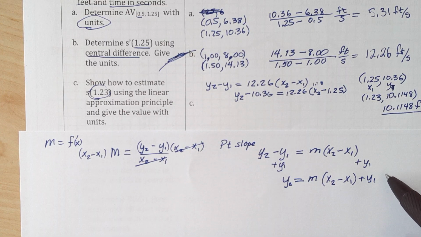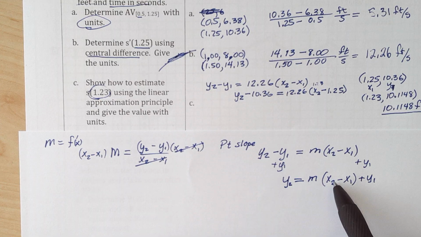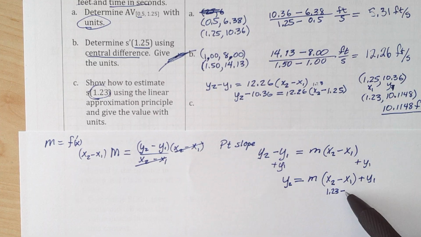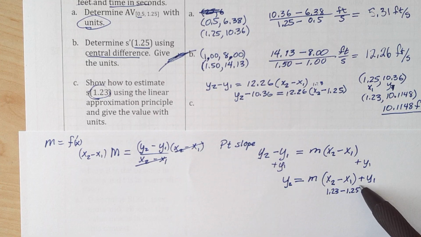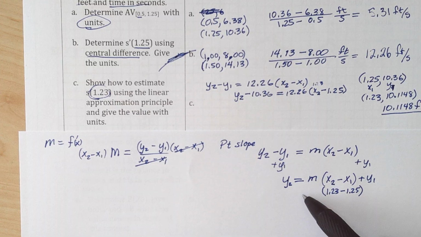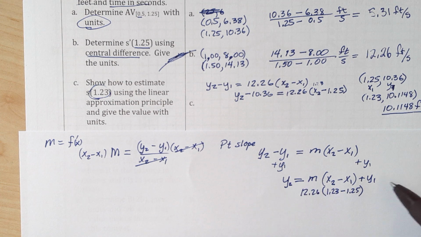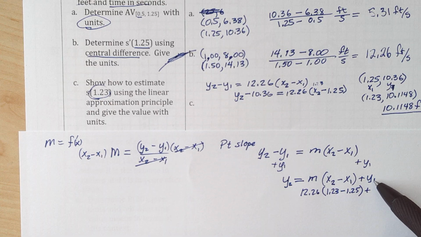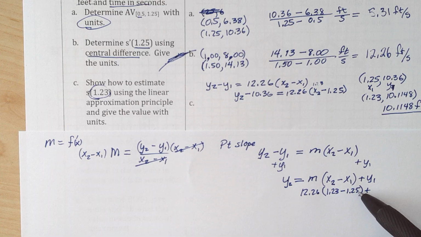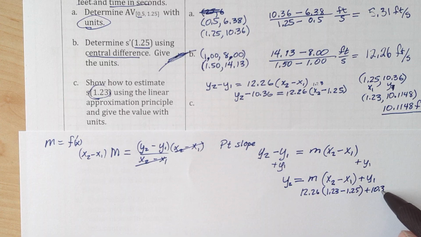Now, if I put the numbers in this, we're trying to find the y that goes with a new place, 1.23. The place we already know is 1.25. The slope that we already know is the 12.26, and the y going with the 1.25 that we know is the 10.36.